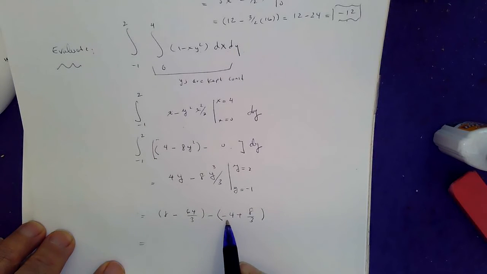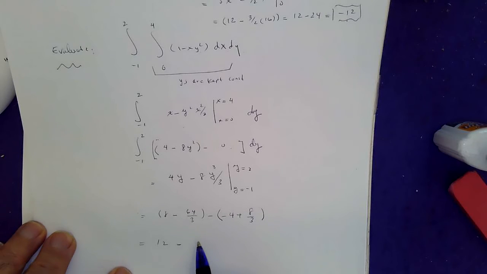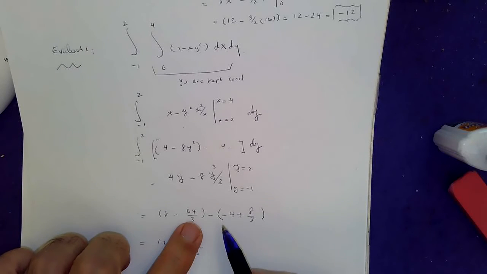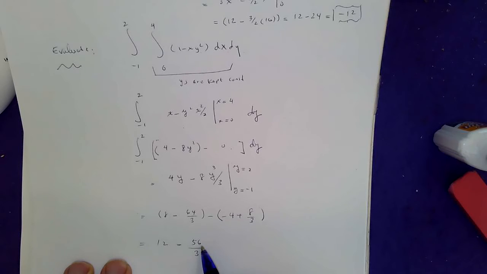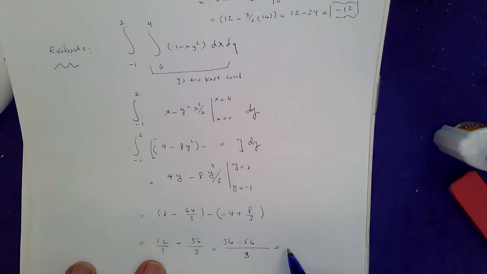So 8 plus 4 is 12 minus, that would be what? 56, is it? Let me just check. Okay, so now if you work this out, that's 3, and that would be 36 minus 56, which is negative 20?